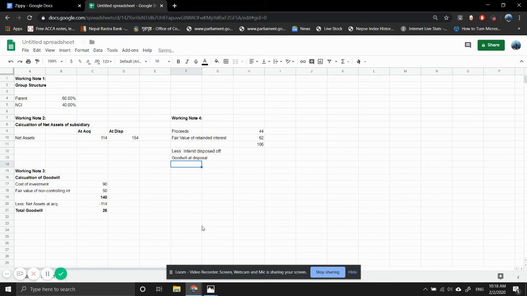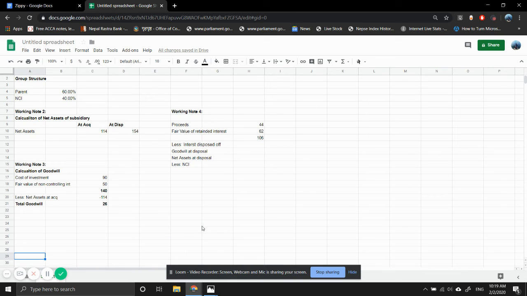Always remember there is a difference between that as well. It's always good to write it, not NCI. Goodwill at disposal and then net assets at disposal. And then after that we subtract less NCI. So we will need another working as well.